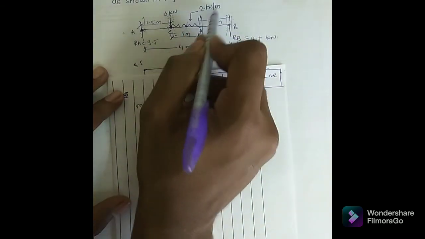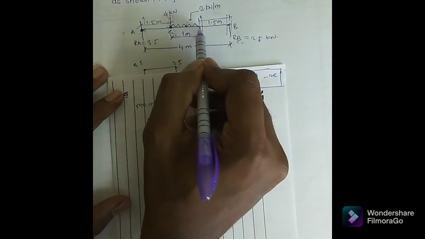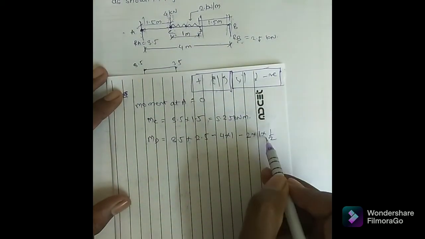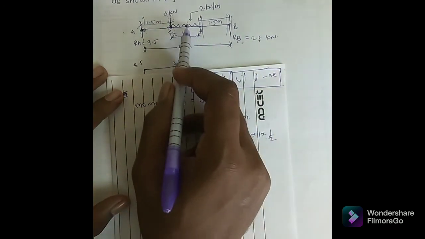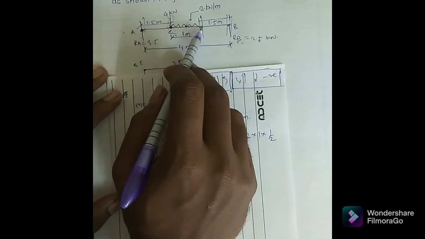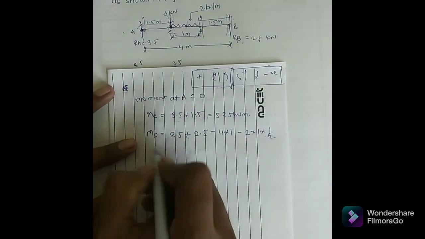So 2 is the load intensity, 1 is the span acting, and then we have to take the moment at D, hence we have considered the half, 1 by 2. Okay, if we have to take the moment at B, then half plus this distance we have to add. We will take another example in further videos.